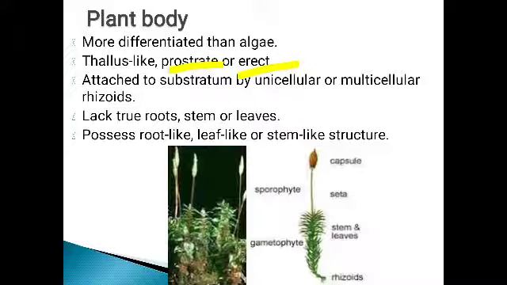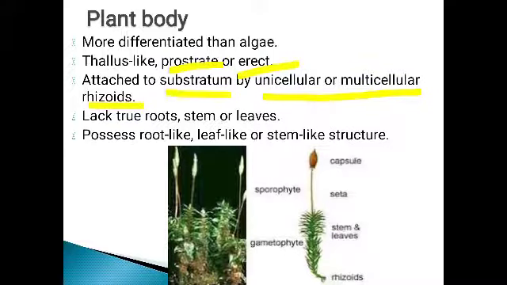Some of the bryophytes will be growing prostrate and some may grow erect. Erect means they grow vertically upwards. So here you can see this plant, it is growing vertically upwards. But if you see Riccia, it will be growing prostrate on the soil surface. Now the thallus is attached to the substratum by unicellular or multicellular rhizoids.